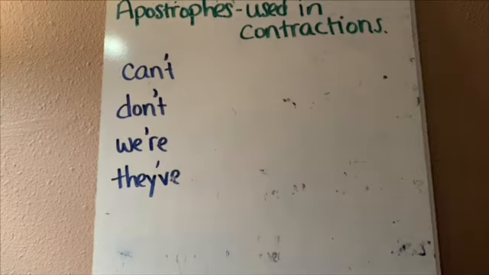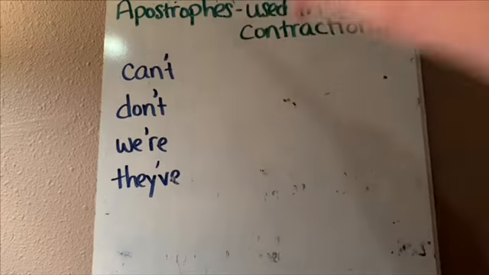A contraction is just two words that we have put together to form a new word. An apostrophe shows where one or more letters have been omitted or left out. So, something to remember.